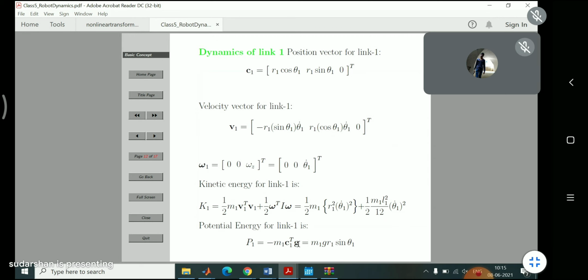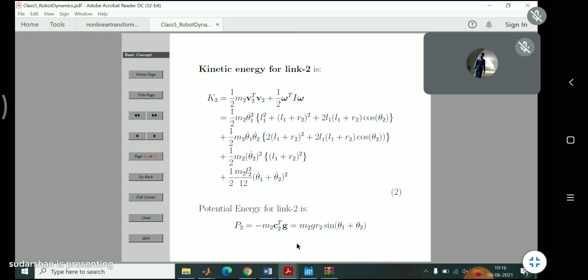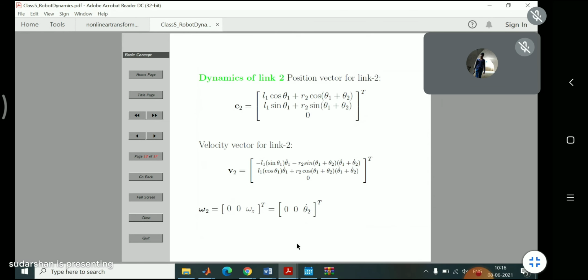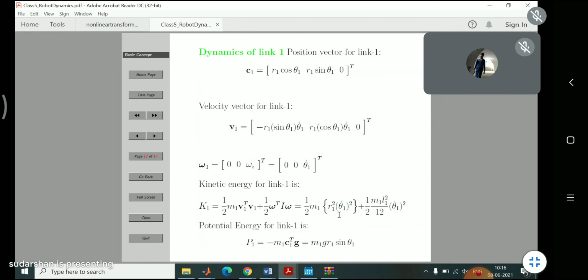Gravitation is along the y direction and it is in the opposite direction of the y-axis. So therefore, the potential energy will be M1 G R1 sin theta 1.